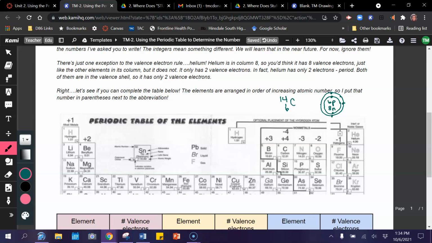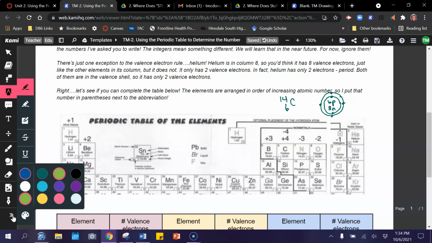So the electrons that are found here in the outermost ring that I'm highlighting in green, these 4 valence electrons, are what we have in a carbon atom.